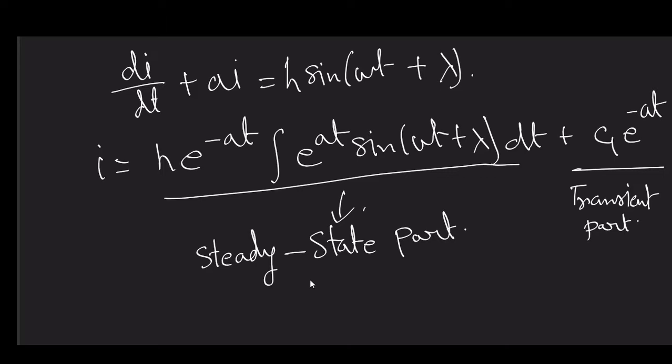Now, if you try to find the steady state part, what we know is the steady state value of i in an RL circuit. How to calculate it? It is very easy.